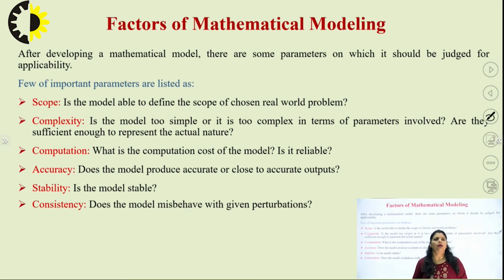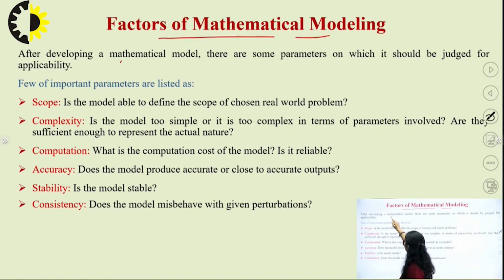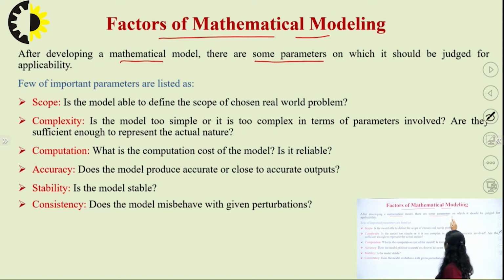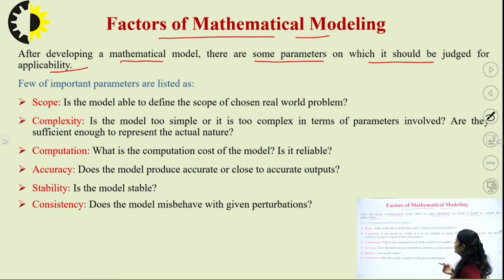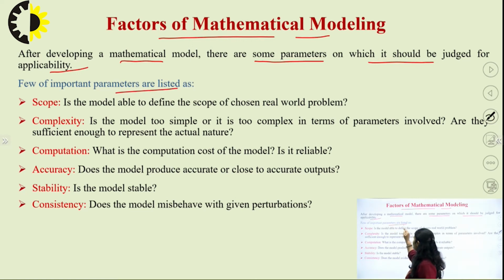Okay, now we come to the different factors of the mathematical model. After developing a mathematical model, there are some parameters on which it should be judged for applicability. So there are some factors we have to check. A few of the important parameters: the first one is the scope.